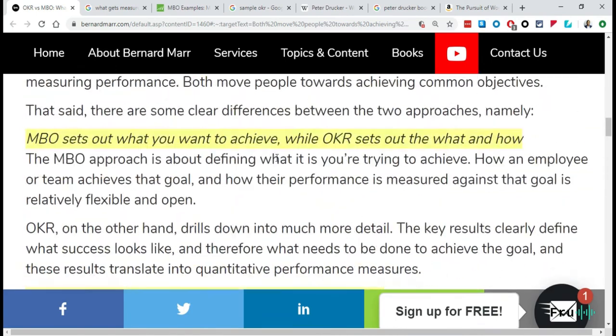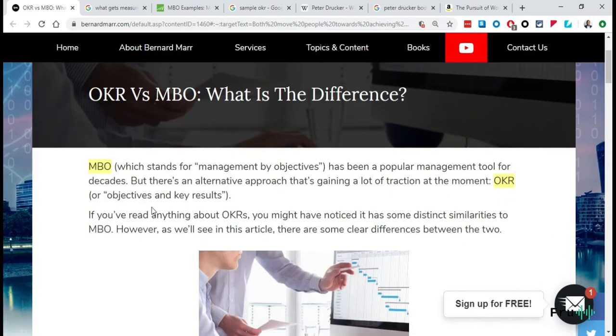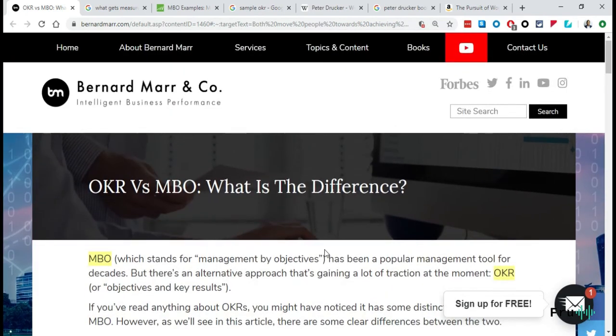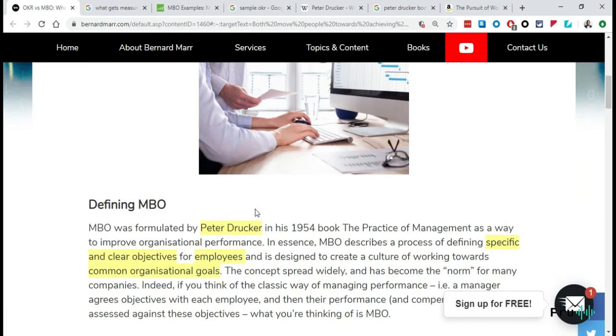So guys, there you have it, a quick review or relevant read of this article. OKR versus MBO, what's the difference? The whole goal for this was not just to talk about the difference. As you've seen, we've done a breakdown and explanation of what they are, the definitions of the two, OKR versus MBO. We've understood what the definitions are, and we've also seen the differences.